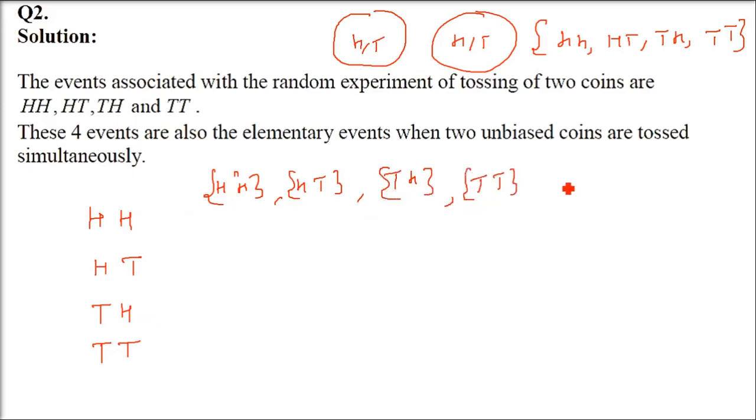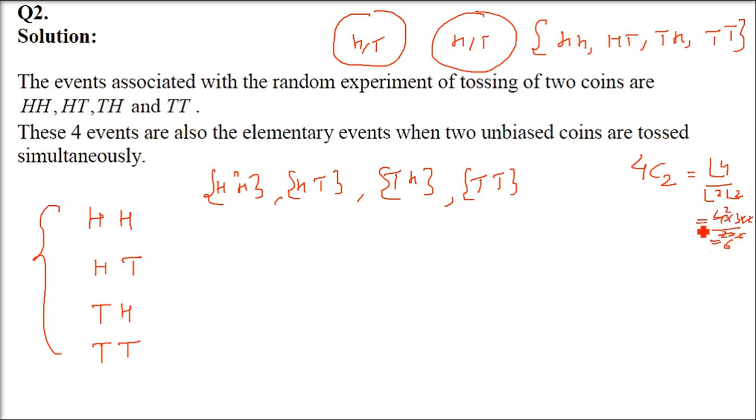So this is 1 at a time I am taking. These are 4, but I am making all of them. Every time I am taking one of them. Now I am taking 2 of them. So 4 taking 2 at a time. What will be factorial 4 by factorial 2 times factorial 4 minus 2?